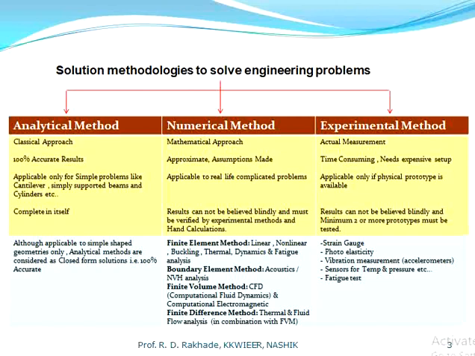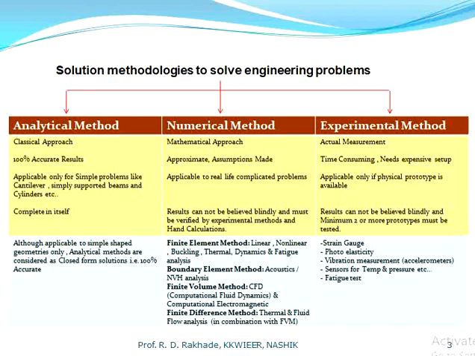So the solution of any physical problem can be obtained in three different ways, such as analytical, then experimental and numerical method. Analytical method is a classical approach, gives 100% accurate result, but it is applicable only for simple problems like cantilever and simply supported beam.